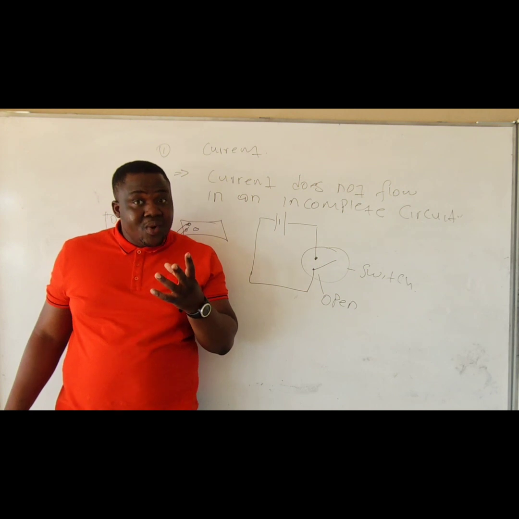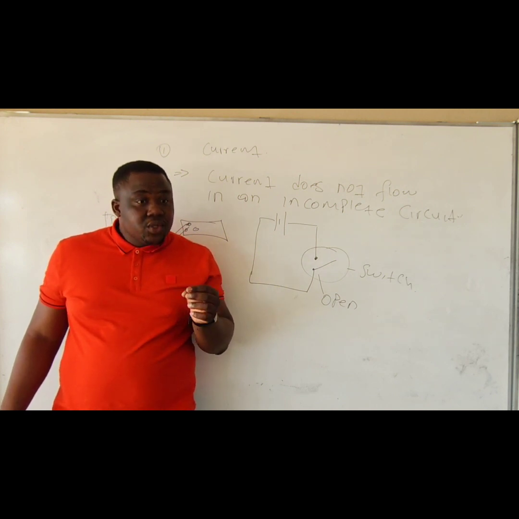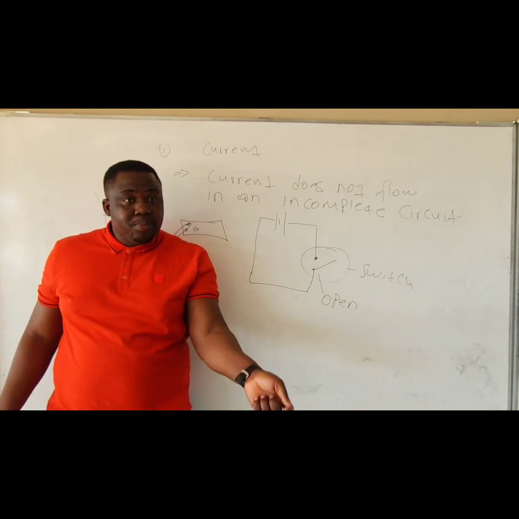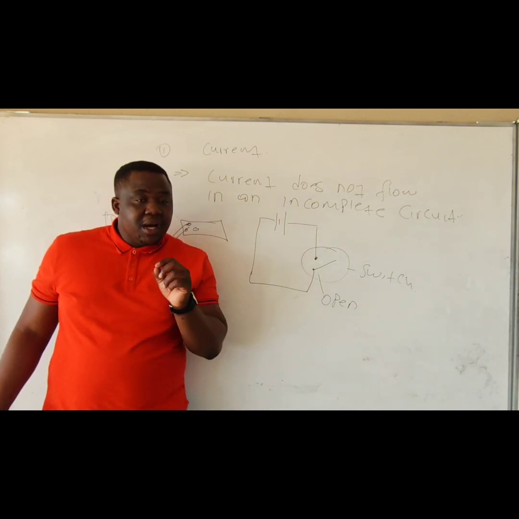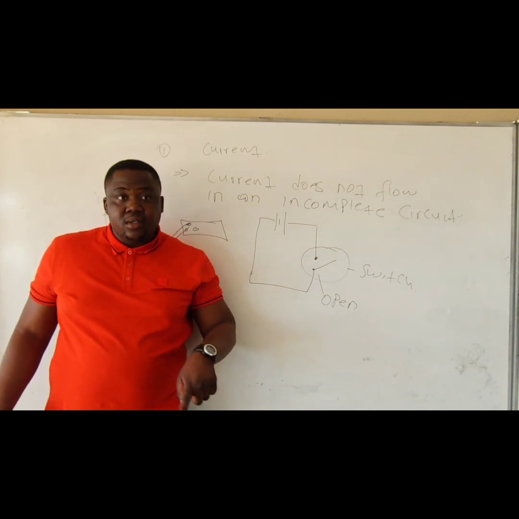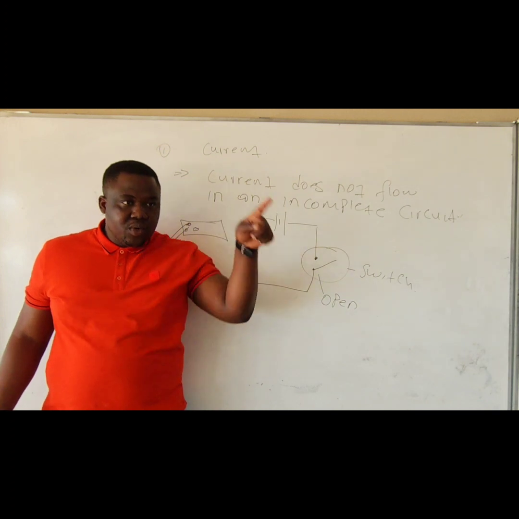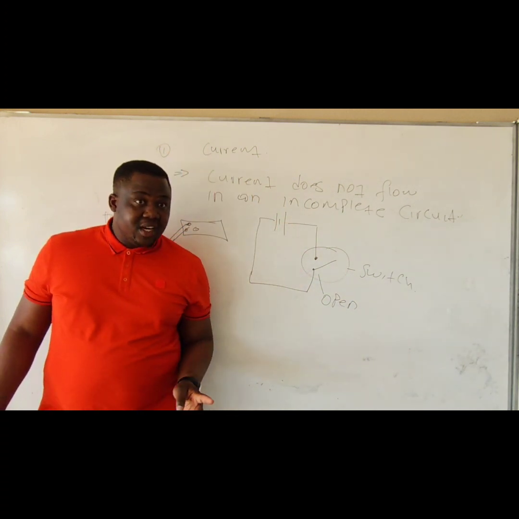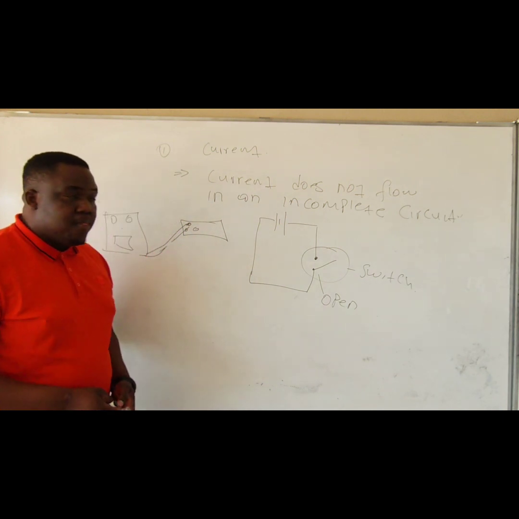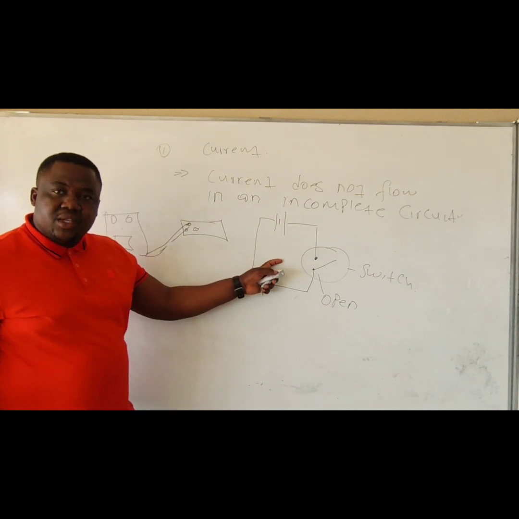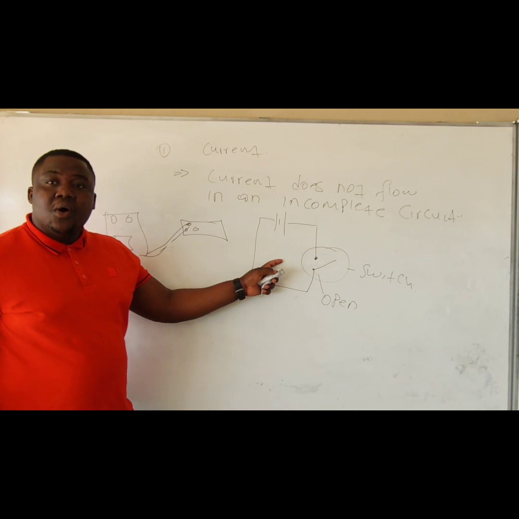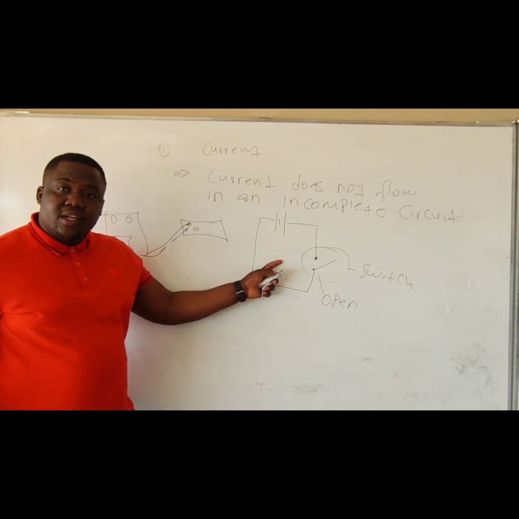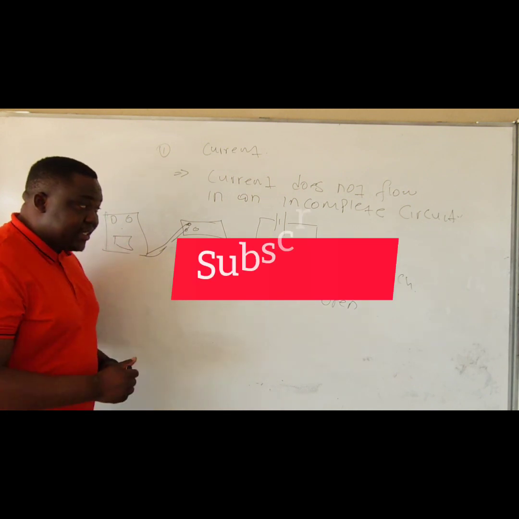I've explained to you what a circuit is, right? I've told you that even your charger, when you plug it, becomes a circuit with your phone. There's a flow of charges which circulates and comes back again. You understand, right? So this statement is very important. You need to keep it in your mind that current does not flow in an incomplete circuit.